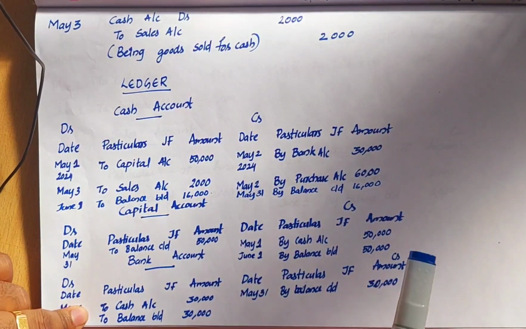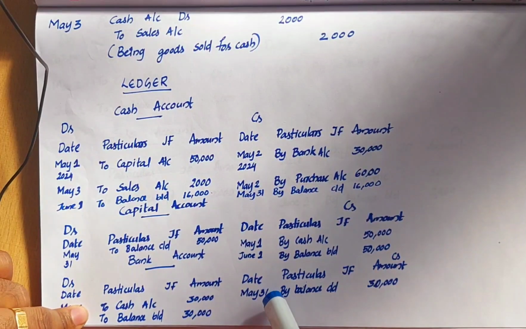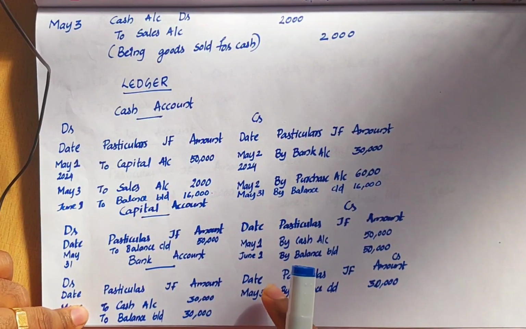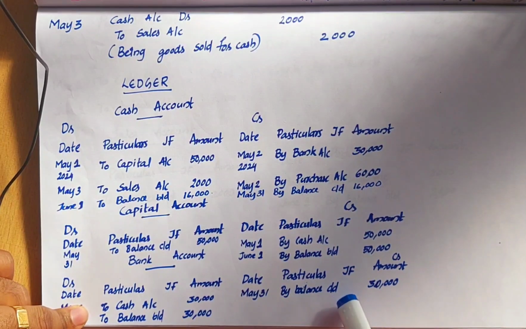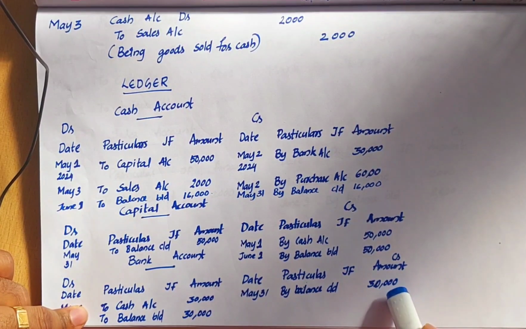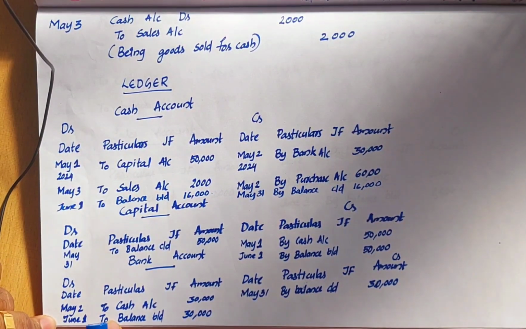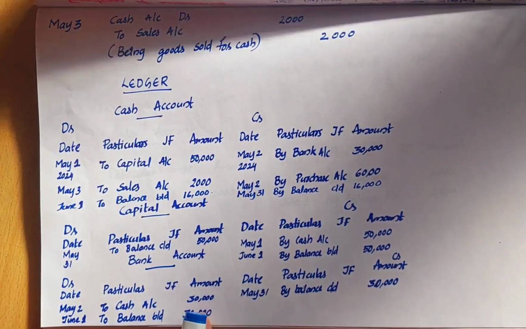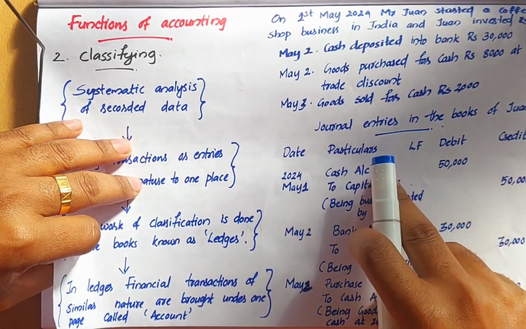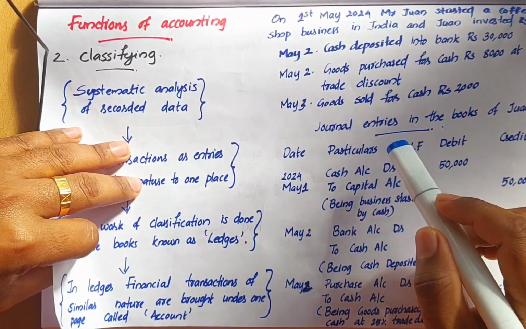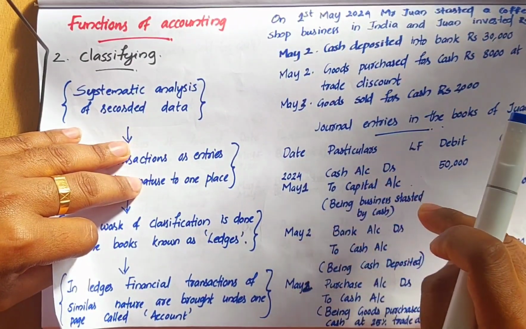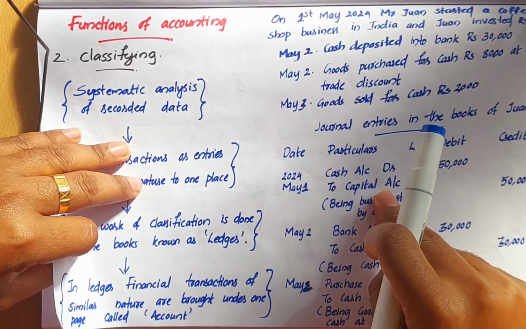We have only one transaction here, so we need to balance. On May 31st we will post an entry by balance carried down 30,000, and on June 1st to balance brought down 30,000. Okay, now we have already prepared the ledger for cash account, bank account and capital account.